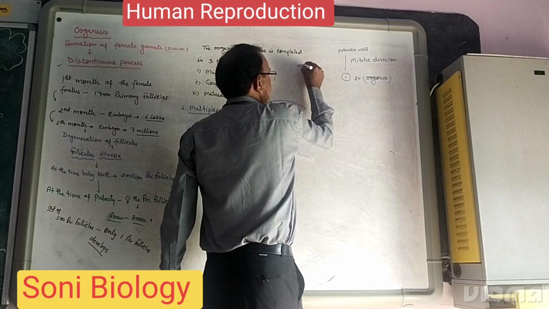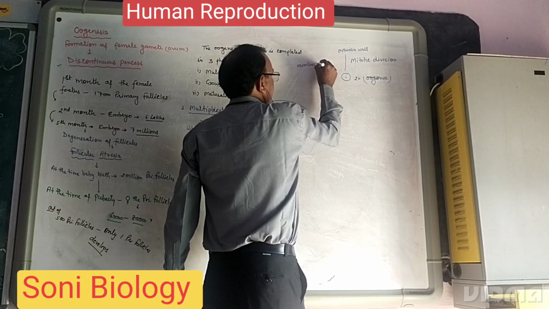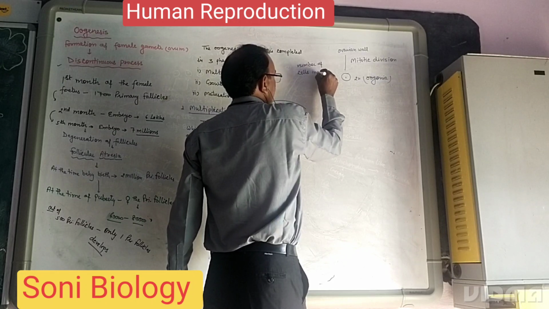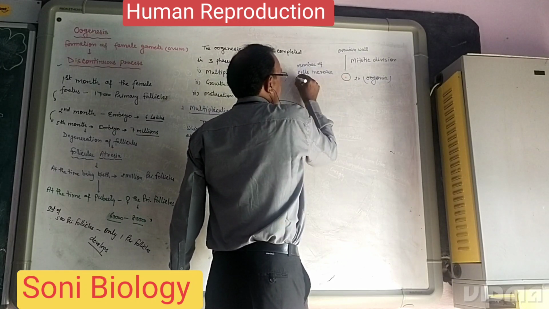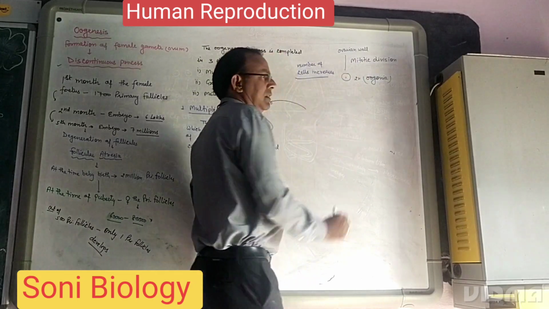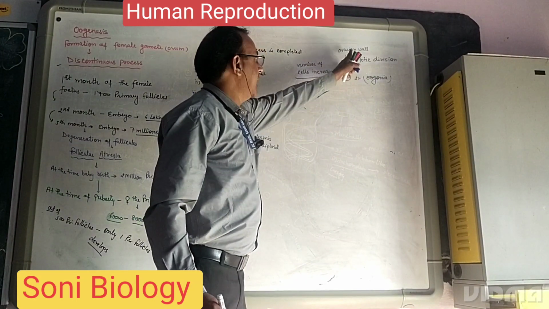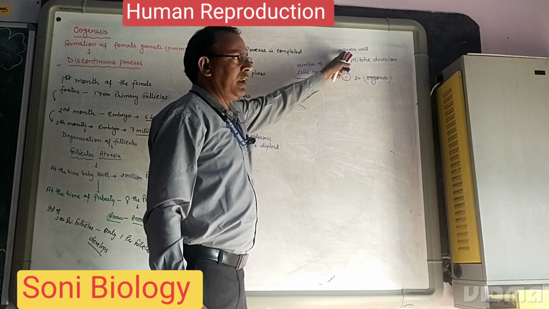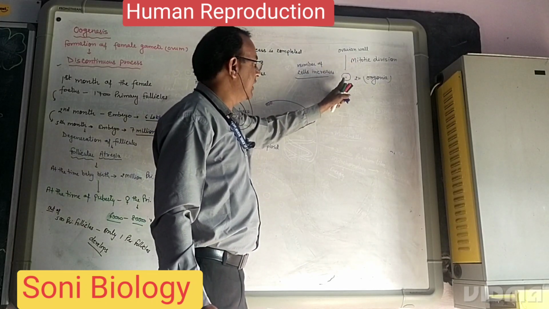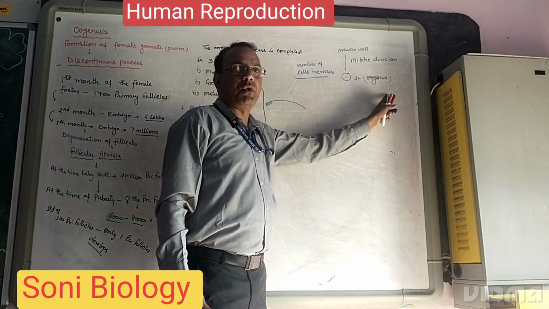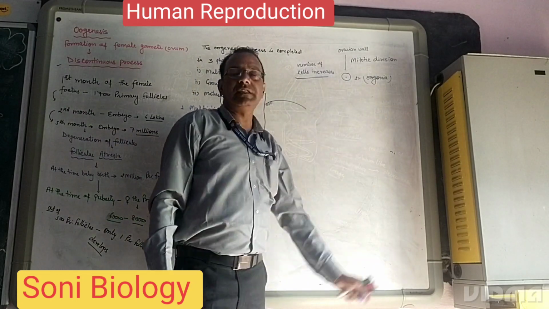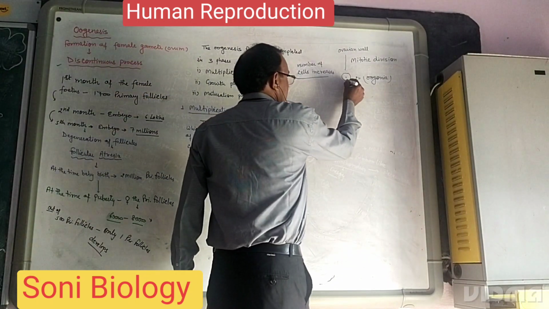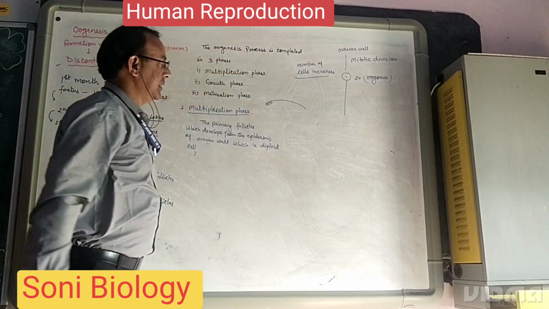The number of cells increases because of mitotic division in the ovarian wall. The division produces the follicles, known as oogonia, and these are diploid cells. This is called the multiplication phase.